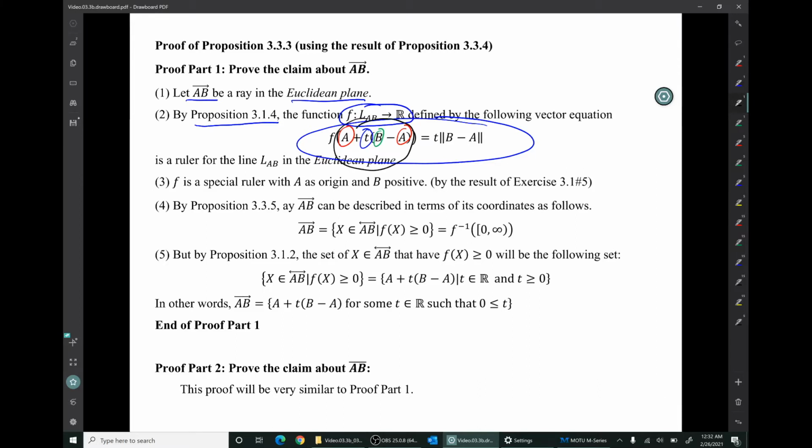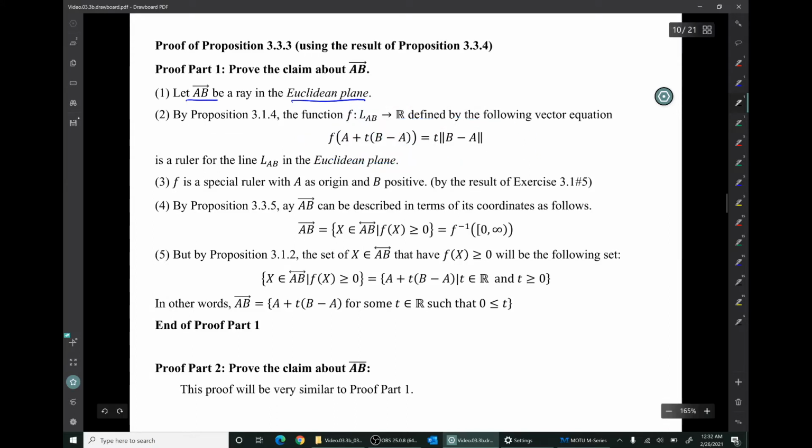So this formula is telling us what the coordinate of that point on the line is going to be. The coordinate is obtained by doing this calculation. We discussed that ruler back in the video for section 3.1. Furthermore, we discussed in exercise 3.1.5 the fact that that's a special ruler. It has A as origin and B positive.